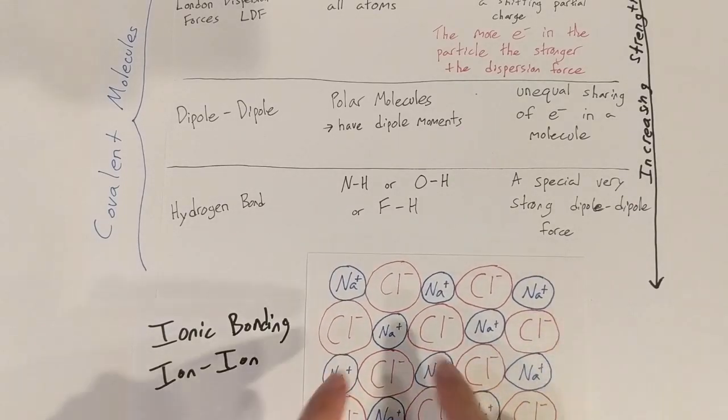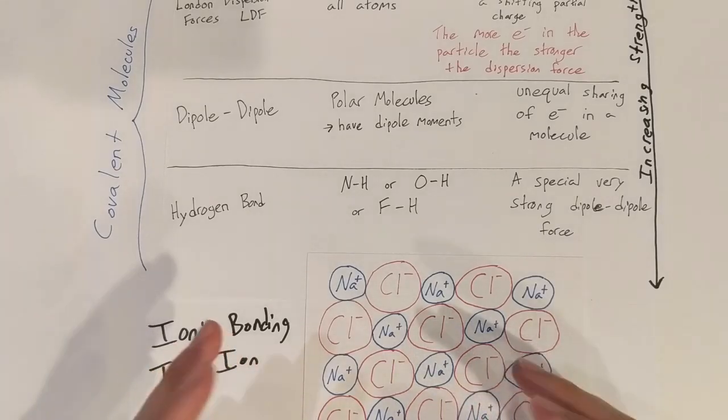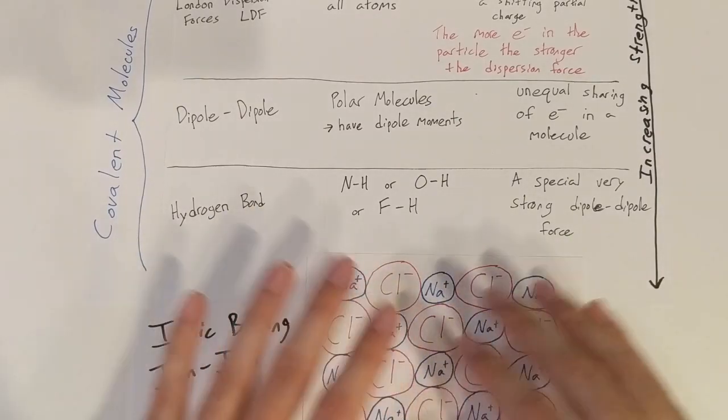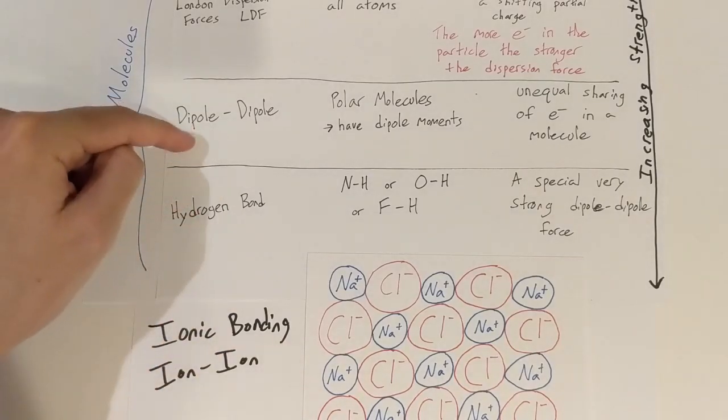These are whole charges. Because they're full charges, sometimes you even have multiple charges there, like magnesium would be a 2+, or oxygen might be a 2-. These whole number charges have a stronger attraction to themselves than our other intermolecular forces with partial charges.